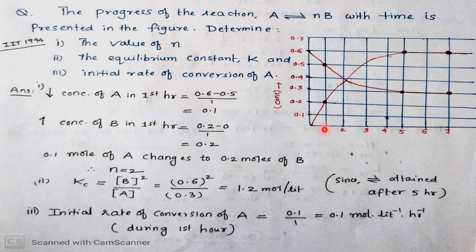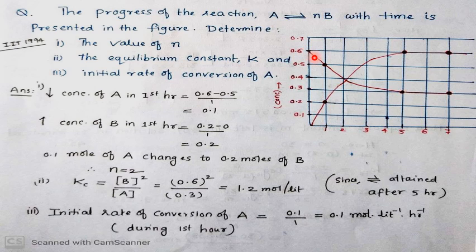This is the time. After 1 hour, this is the 0 time. After 1 hour, A goes from 0.6 to 0.5, which means how much decrease? 0.1 decrease. At the same time B goes from 0 to 0.2, how much increase? 0.2, within an hour.